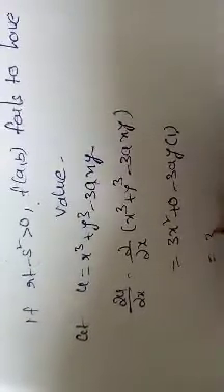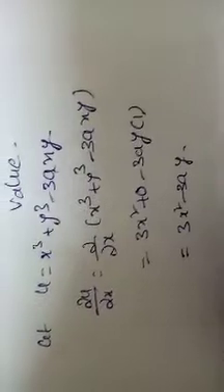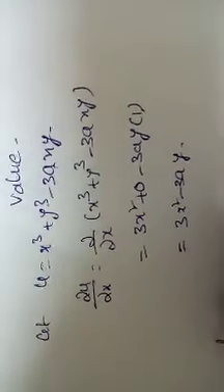Now we have to find the value of dou u by dou x, which implies dou by dou x of x cube plus y cube minus 3axy. So 3x square, here 0, and minus 3ay into the derivative of x, which is 1. Then 3x square minus 3ay. So this is the value of dou u by dou x.